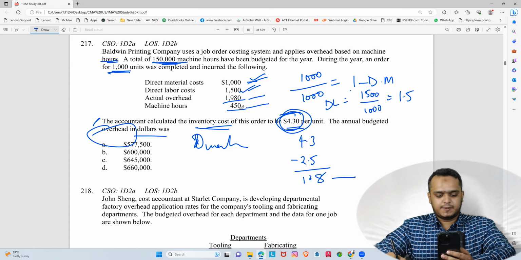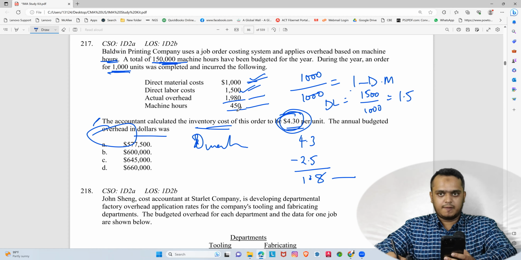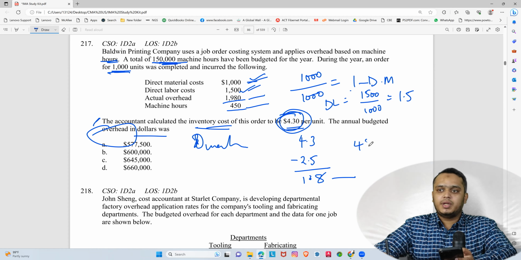If you just see this, 450 divided by 1000 is equal to 0.45. So if you just see here, 450 hours it took me for 1,000 units.